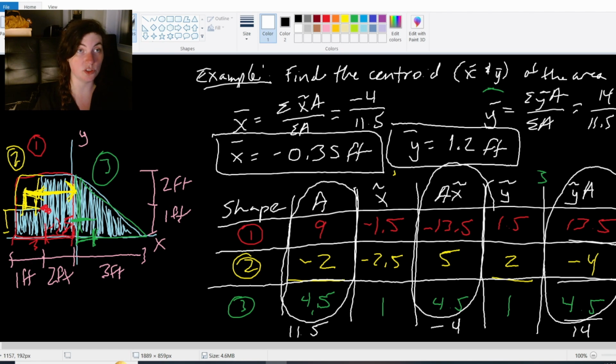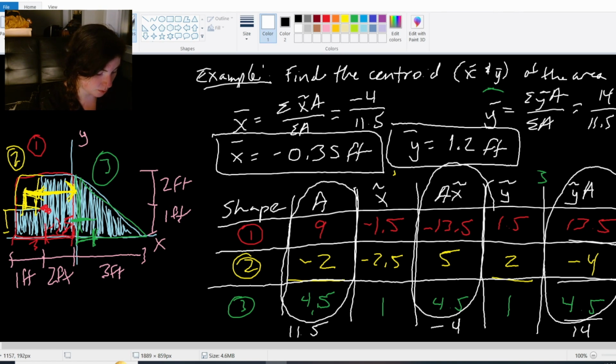Before we move on, we always do a sanity check. Does this make sense? And the answer is, yeah, this kind of makes sense. We kind of expect that those chunky, blocky sides might skew this to the left-hand side a little bit more. It makes sense that our x centroid is skewed a little bit to the left of the axis.